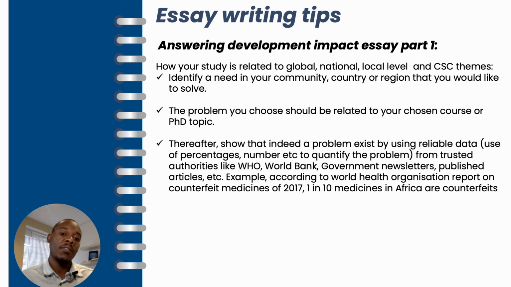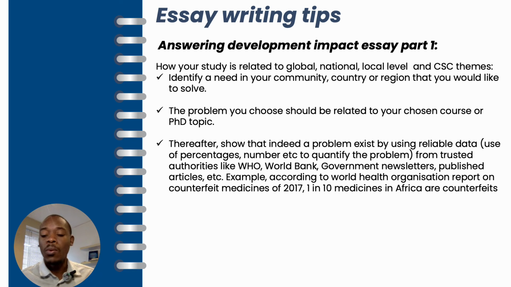For example, here I've given an example of something related to my field, where the issue of counterfeit medicine is a global challenge, especially in Africa. And in 2017, the World Health Organization actually found that 1 in 10 medicines in Africa are considered to be counterfeits. That is a very big problem, and you can try and see how your studies will be able to help contribute to reducing this challenge of counterfeit medicine.